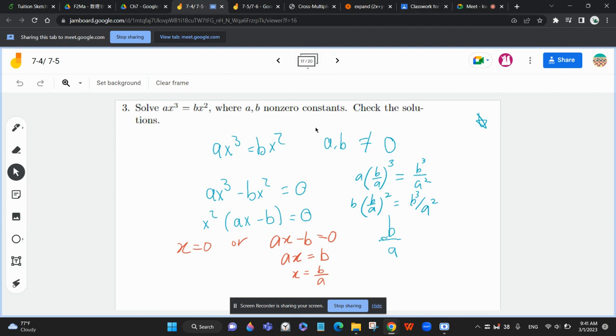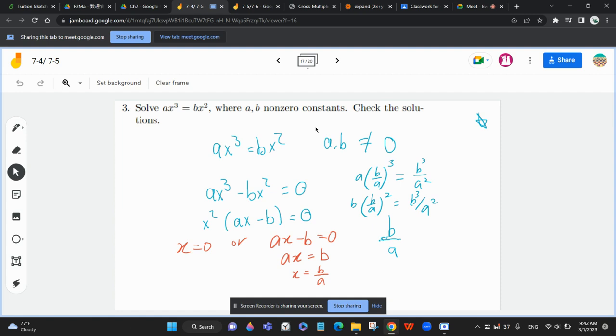Okay, so here what you need to think about is that from here you have two things multiplied to get 0. So it means that either x squared is 0 or ax minus b is 0.